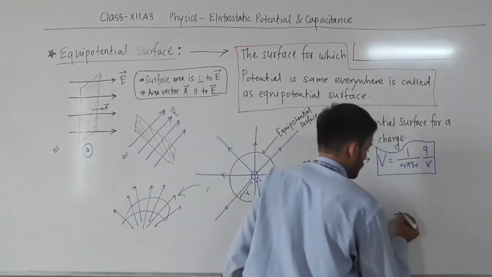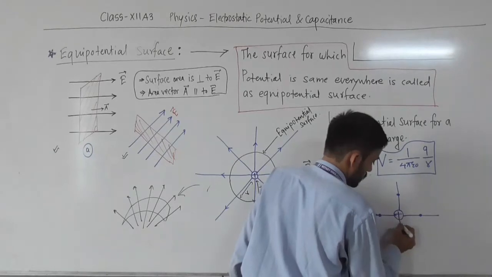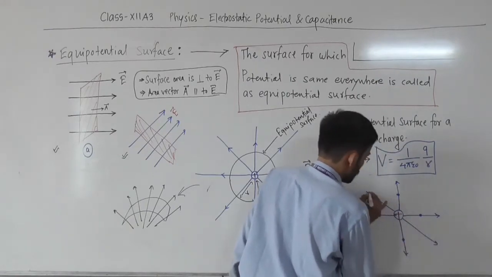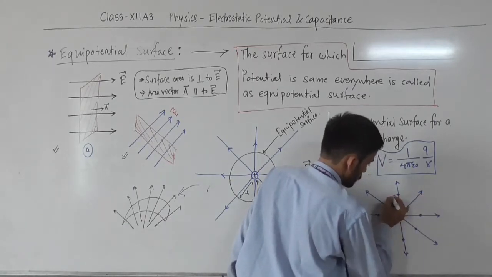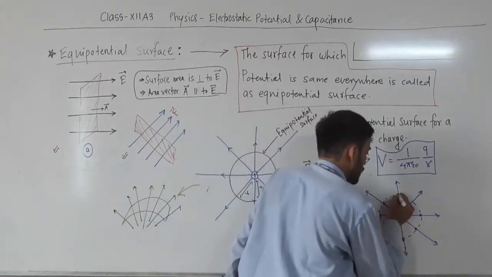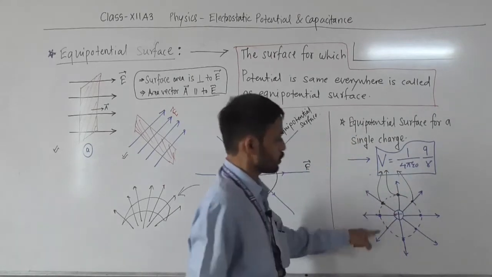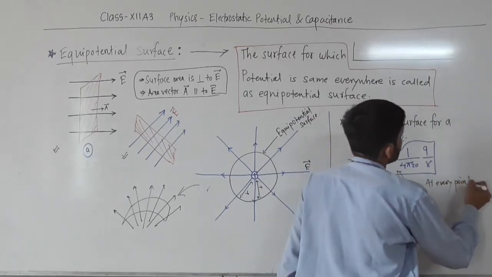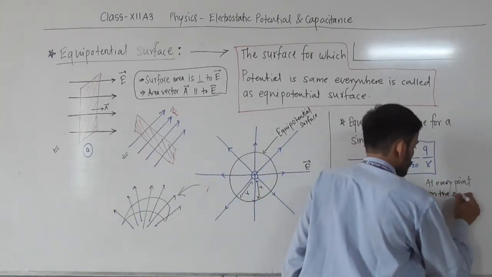So if I take a single charge and suppose each locus of points, on this whole surface, at this point also potential will be this, at this point also the potential will be this, at this point also the potential will be this. So at every point on the surface, what did I get?